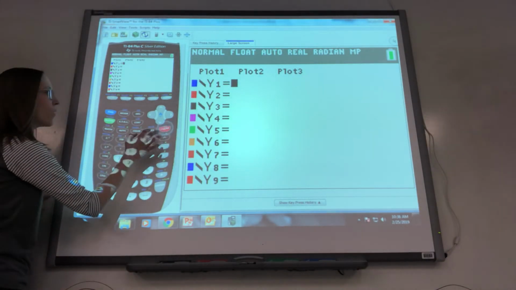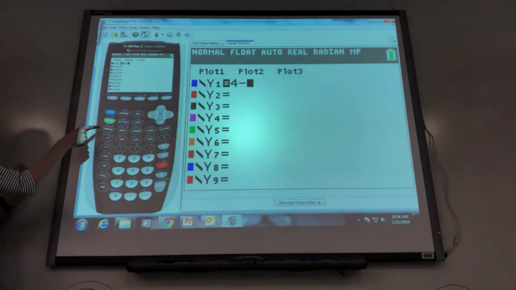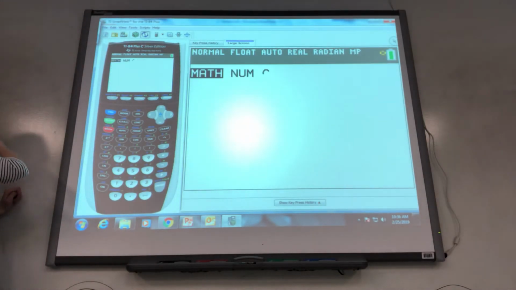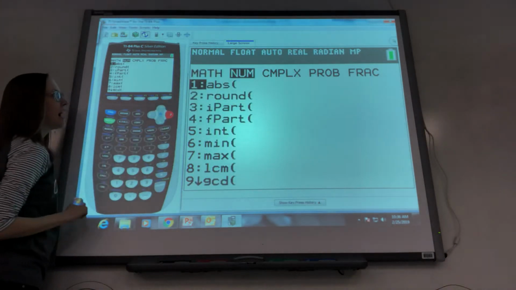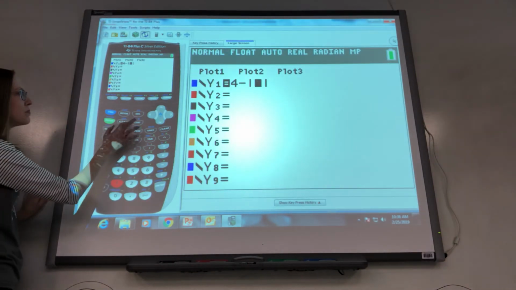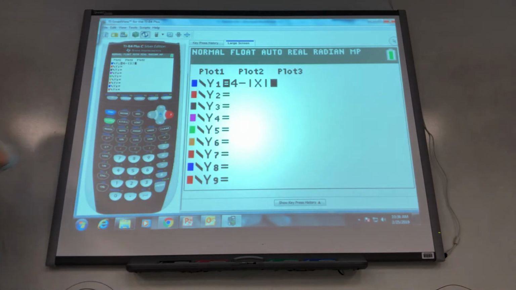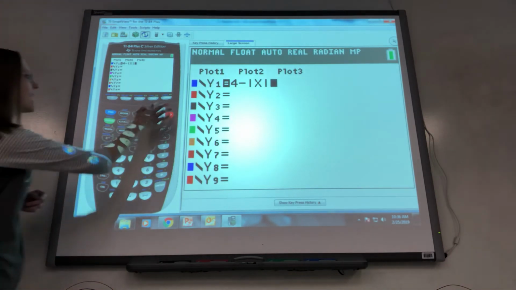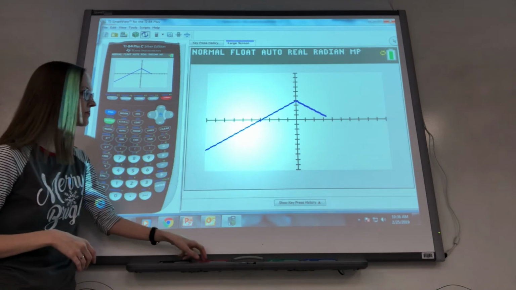I'm going to go 4 minus, to get absolute value, you want to go to the math button, write 1 to highlight num, and then absolute value should be your first option there. It might actually set up the bars, or it may just put ABS out front. Either way, we wanted 4 minus absolute value of x.